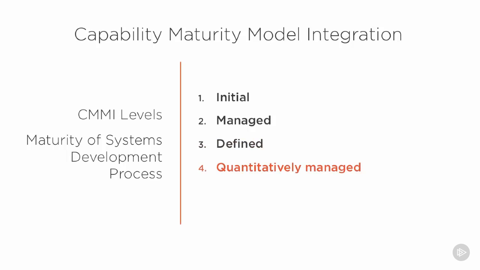By the time we get to maturity level 4, we now have a consistent process we're always using, but now we're looking at measuring specifically various quantitative elements, such as delivery timeframes, such as change control, so we make sure that our systems are being developed according to a set of very mature processes. Level 5 is optimizing. At this point, our systems are well defined, and all we're doing is tweaking and refining those processes just to make sure they're even better the next time.